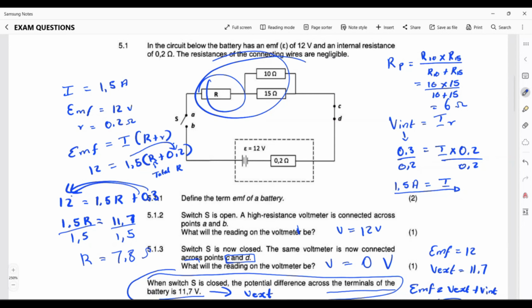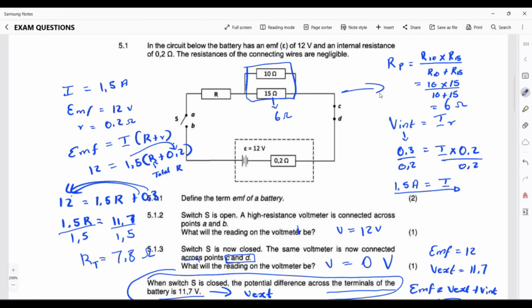7.8 ohms. So this is RT, the summation of the resistors, the resistors in total. What you have done is simplified this parallel part into 6 ohms.